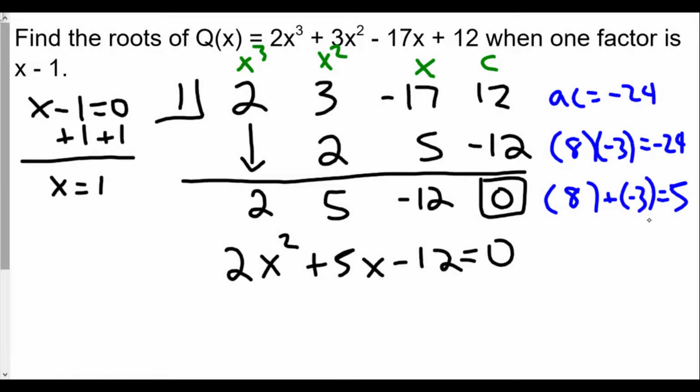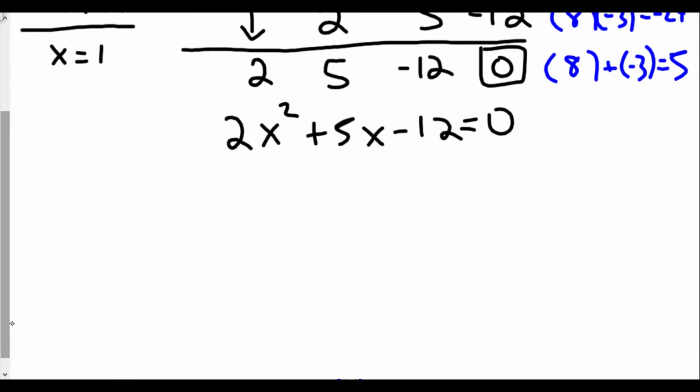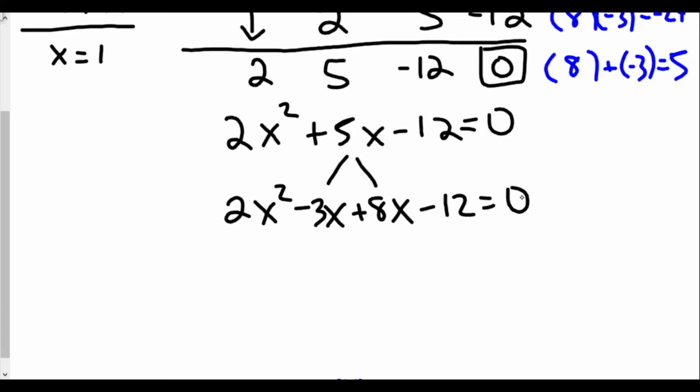Now, unlike before, when a value is greater than 1, we're going to replace the 5x with the numbers 8 and negative 3. So I'll put down negative 3x, 8x, and then 2x squared minus 12 equals 0. And use, not long division, sorry, I meant factor by grouping.